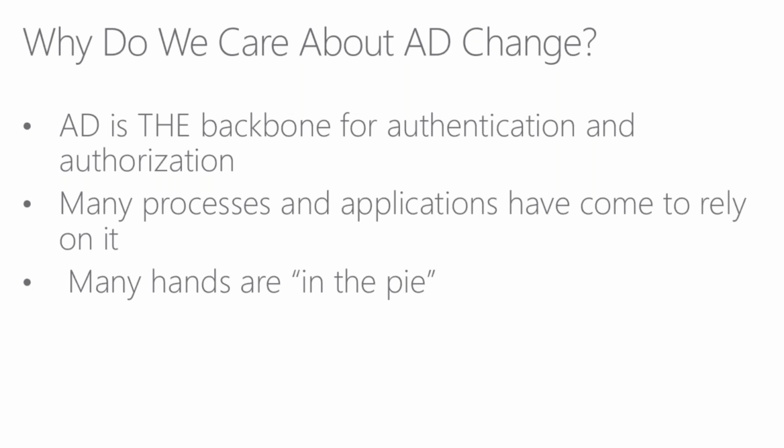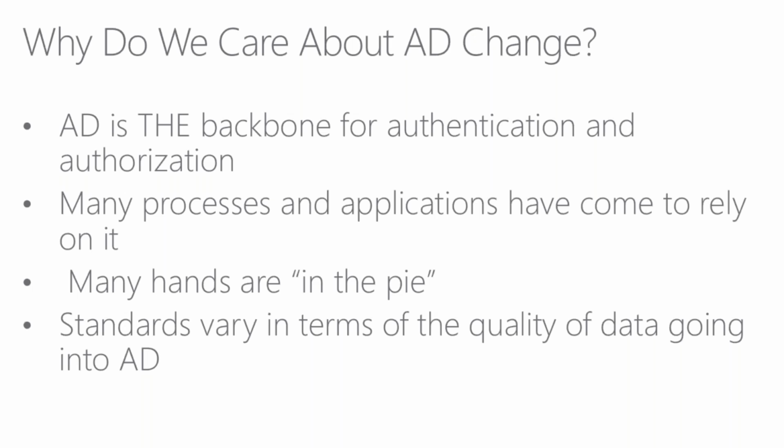So, coming back to the question, why do we care about AD change? It really does get down to how do we manage change in an environment where there are many people and many applications reliant on it. And then, the standards vary in terms of the quality of the data that goes into AD.